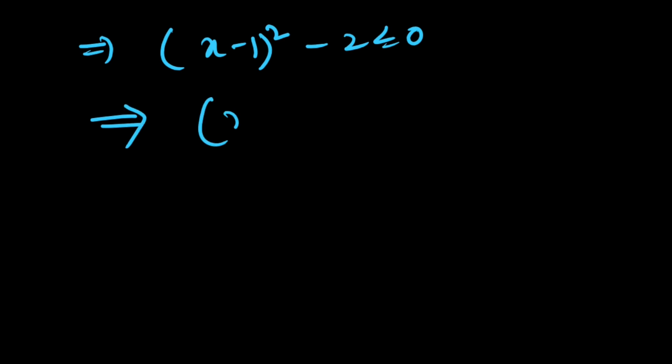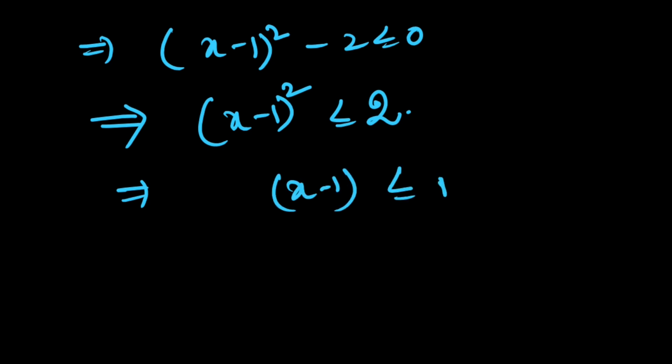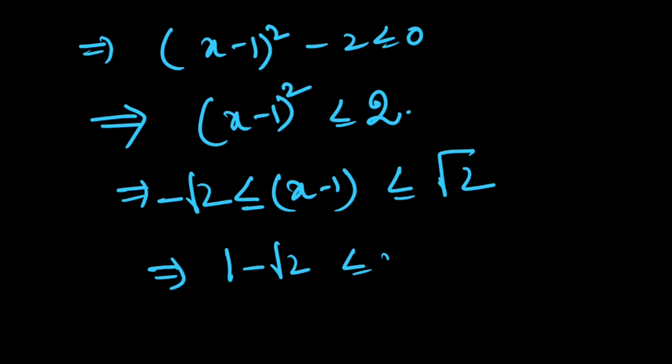This implies x minus 1 whole square is lesser or equal to 2. So x minus 1 is lesser or equal to root 2 and greater or equal to minus root 2. So this implies x lies between 1 minus root 2 and 1 plus root 2.